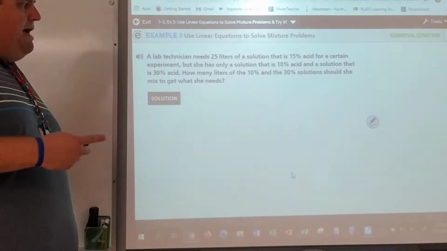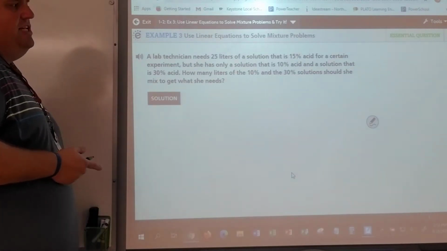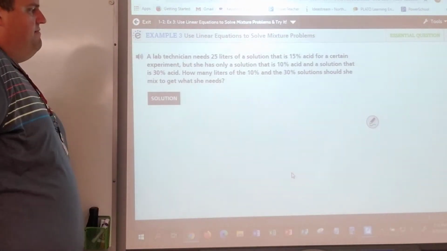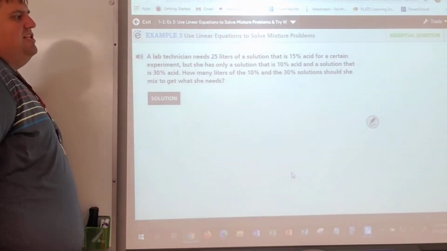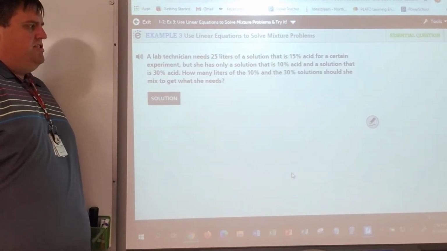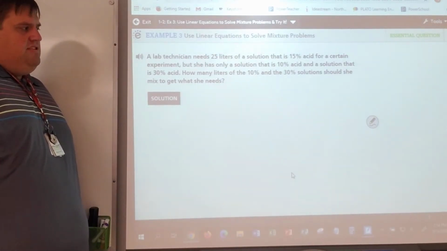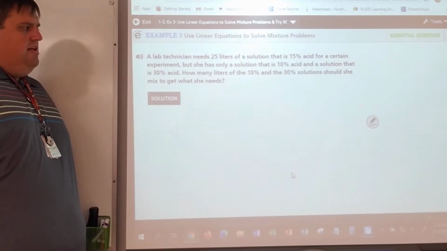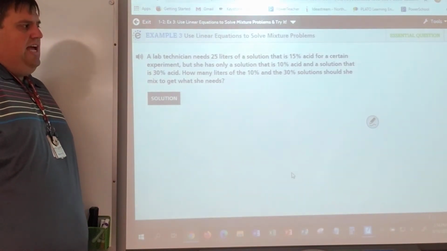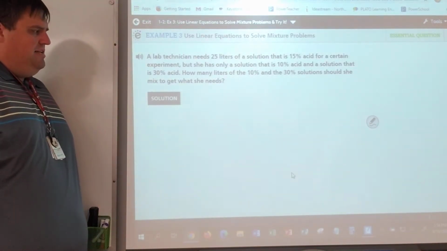But basically it says a lab tech needs 25 liters of a solution that's 15% acid for a certain experiment, but she only has a solution that's 10% acid and a solution that's 30% acid. So she needs 15%, she's got 10% and 30%. How many liters of 10% and 30% solution should she mix to get what she needs?